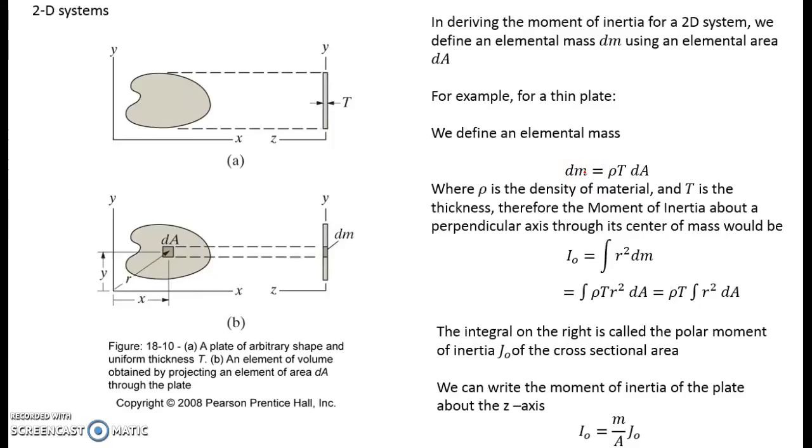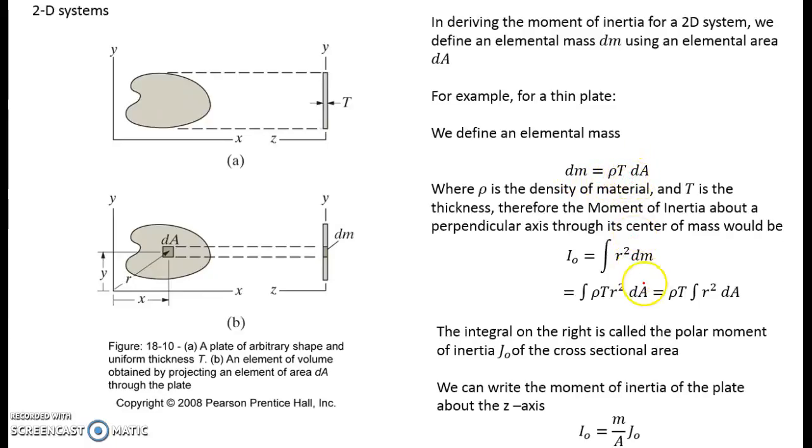So of course mass is density times volume. For the entire mass m it must be the density times the entire volume. What would the entire volume be? Well, that has to be the complete cross-sectional area A multiplied by its thickness. So I know that m is equal to rho t times A.